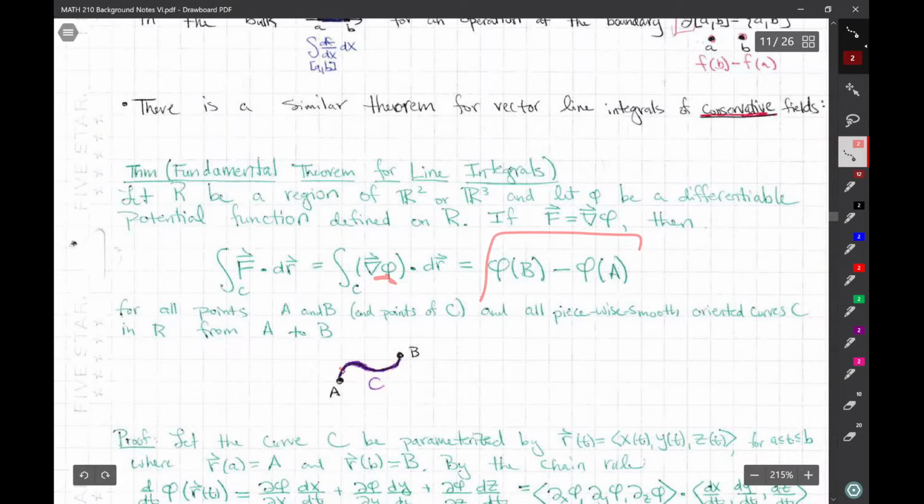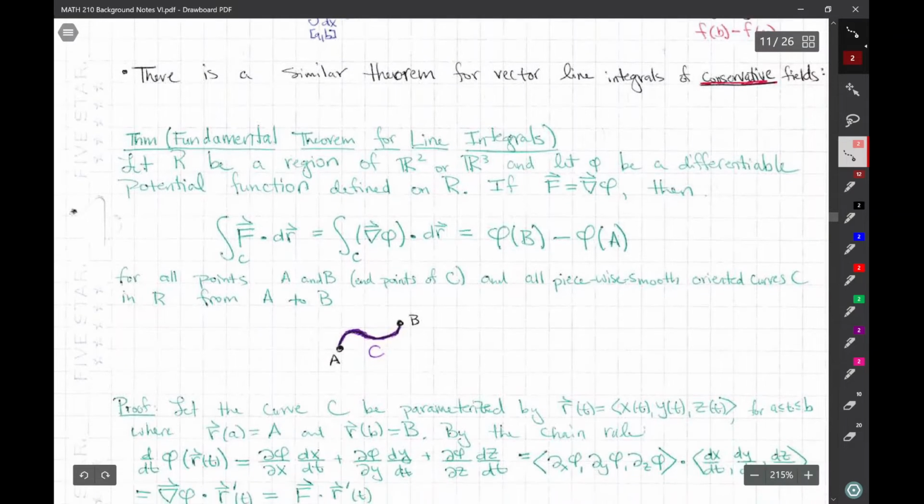So you could trade a gradient in the bulk between a and b on this curve C for an operation at the boundary, subtracting phi at this point, b, minus phi at this point, a.